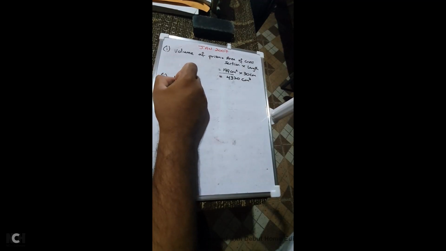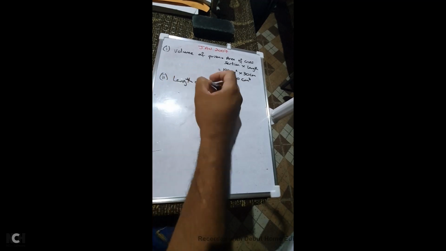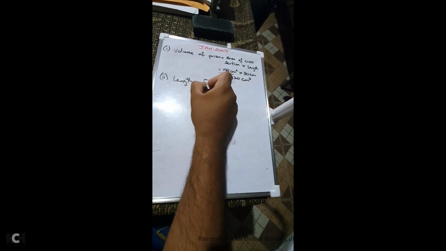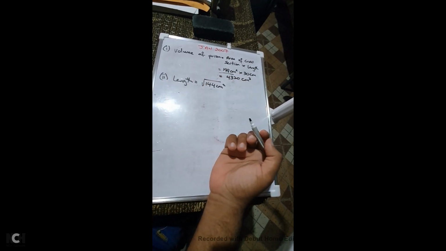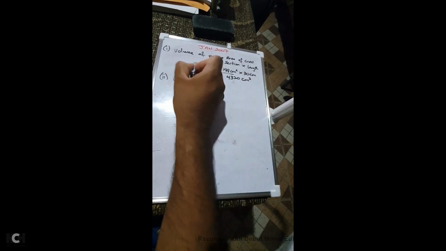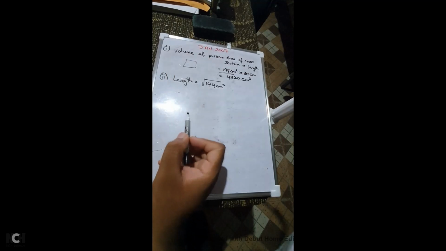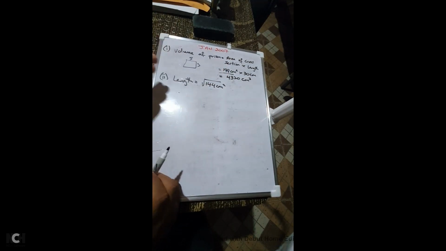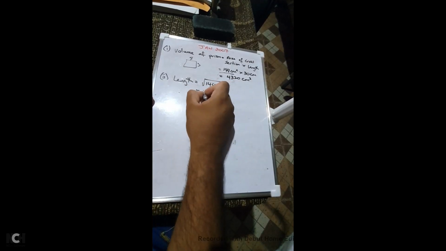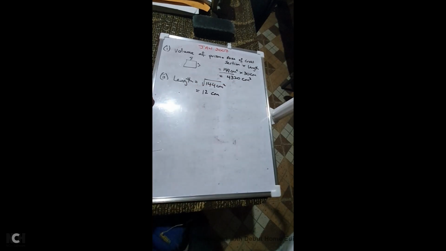To find the length, it's just the square root of 144 centimeters squared. The reason we are finding the square root is because remember the area of a square is side by side. So that means something multiplied by something would have given us the area of the cross section of the square, which is 144. So to find the length, we have to find the square root of that, which will give us 12 centimeters.